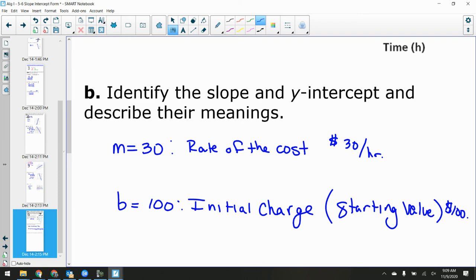You're going to find that every time we talk about a y-intercept, it's always the initial amount, starting value, where it crosses the y-axis. Every time we talk about slope, that's the amount of change, constant change.